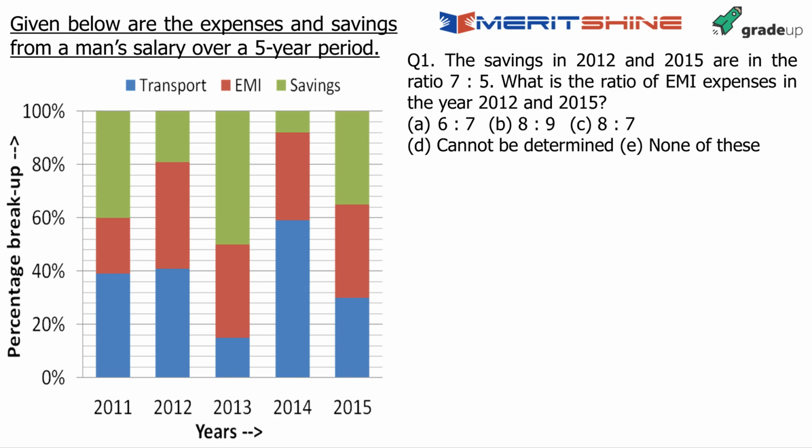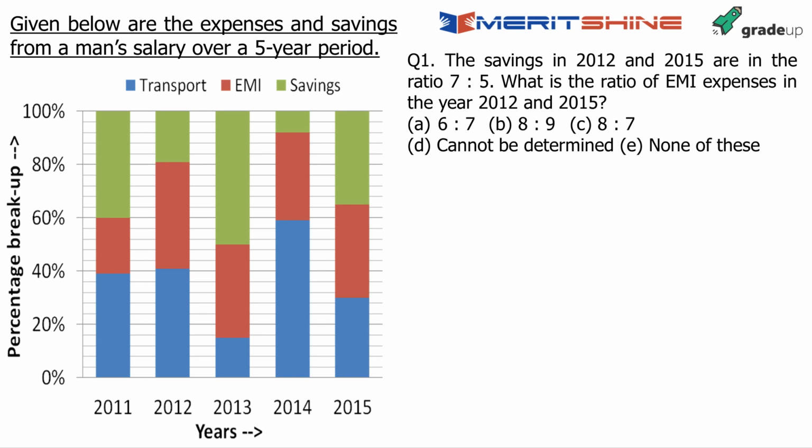Why cannot it be determined? This is surprising. Some are saying C, 8/7. Sony says option C. Give me more answers. Anybody else? Somebody is trying to calculate this. How are you doing it?